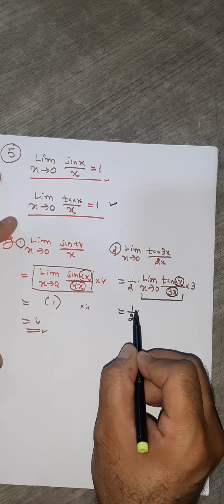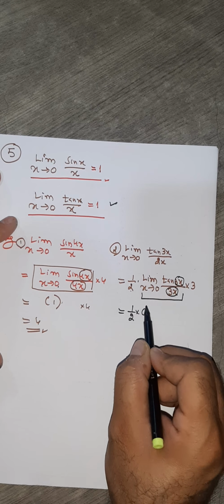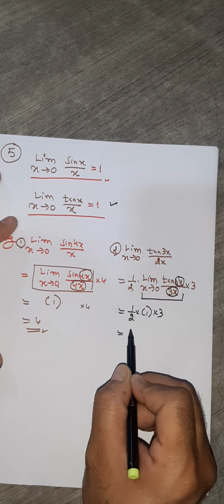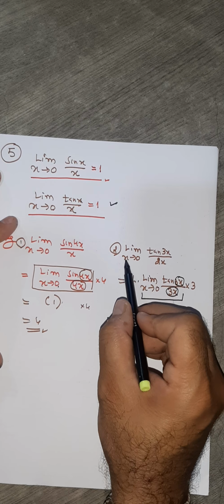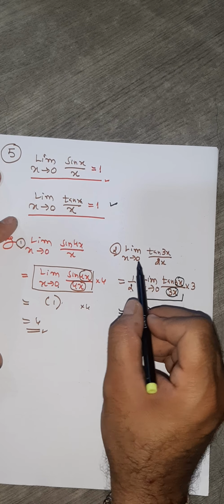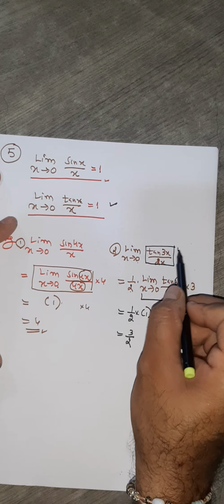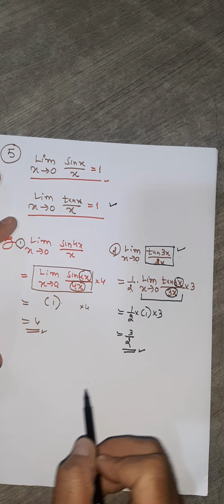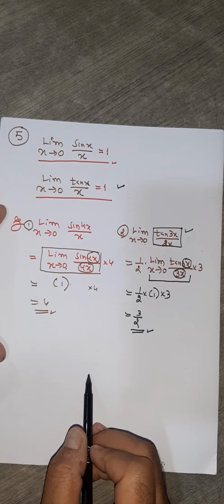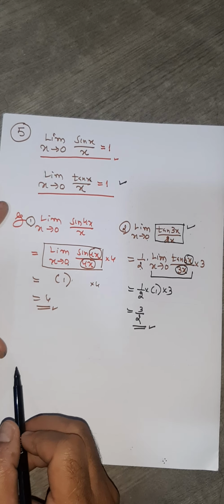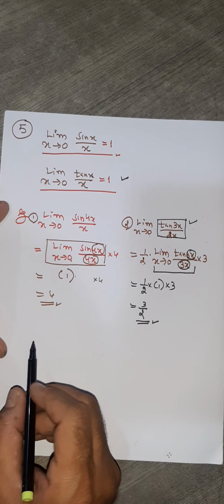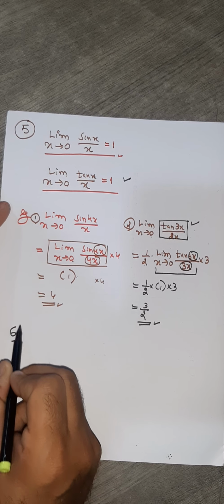So 1 by 2, the limit of this entire expression is 1 into 3. So the correct limit is 3 by 2. That means whenever x is very close to 0, this function is very close to 3 by 2, which is 1.5. That's how we use this. We'll see some more examples in the exercises.